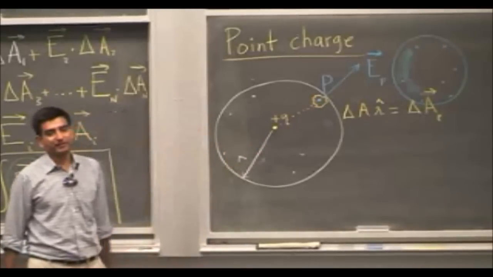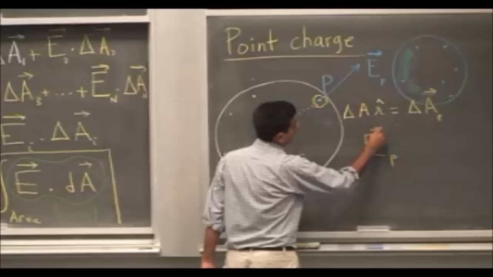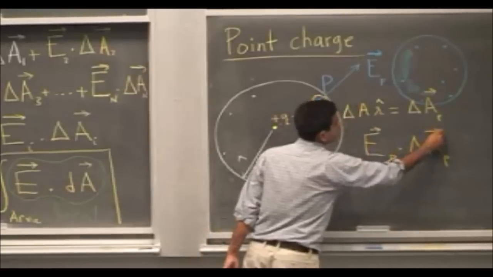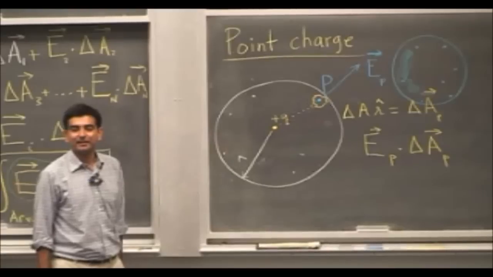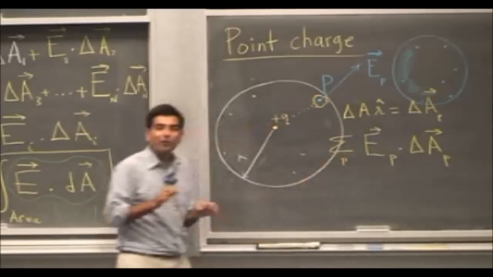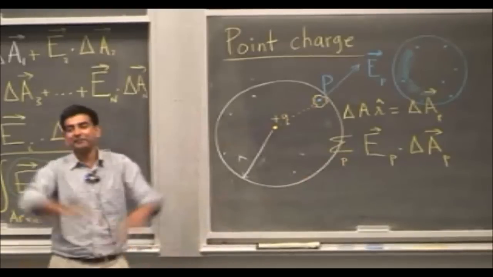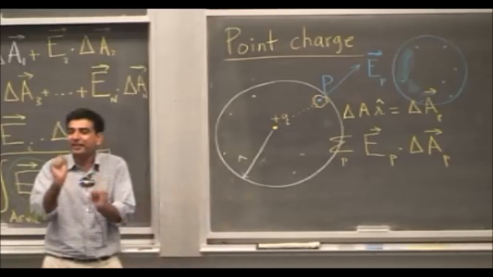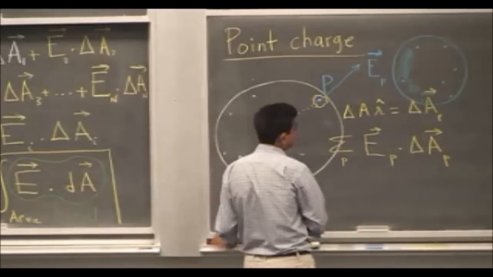Now what's the flux through this surface? It's EP dotted with delta AP. This is the flux through the surface. Now if I add up all such surfaces, that is I add up over all possible values of P, that is I take an infinitely large number of P's, which means I take infinitesimally small areas, I can convert this summation into an integration.